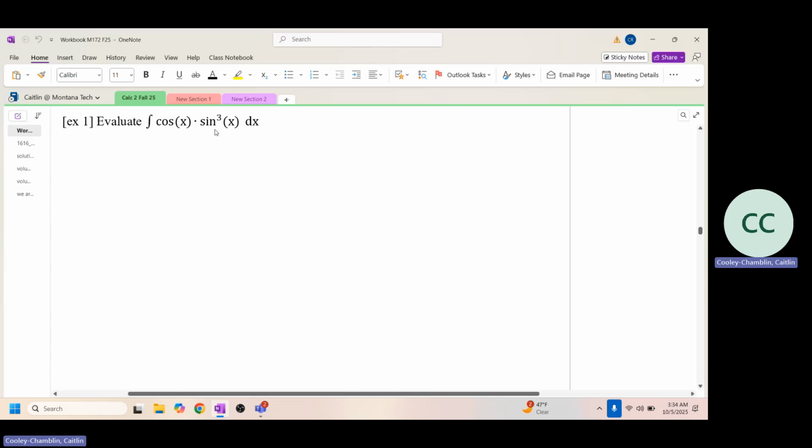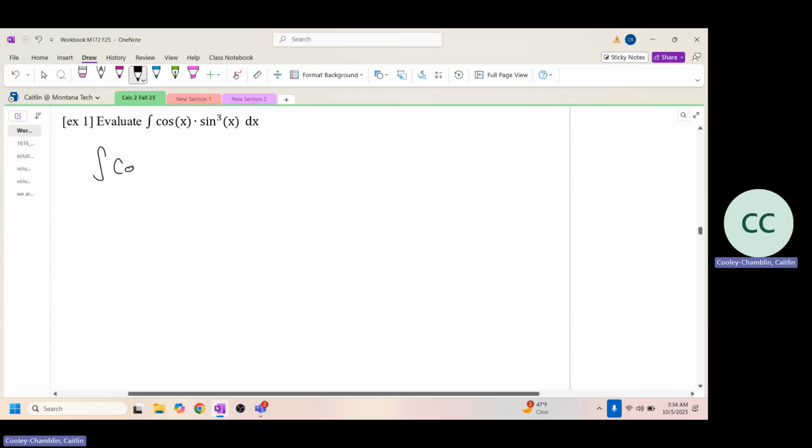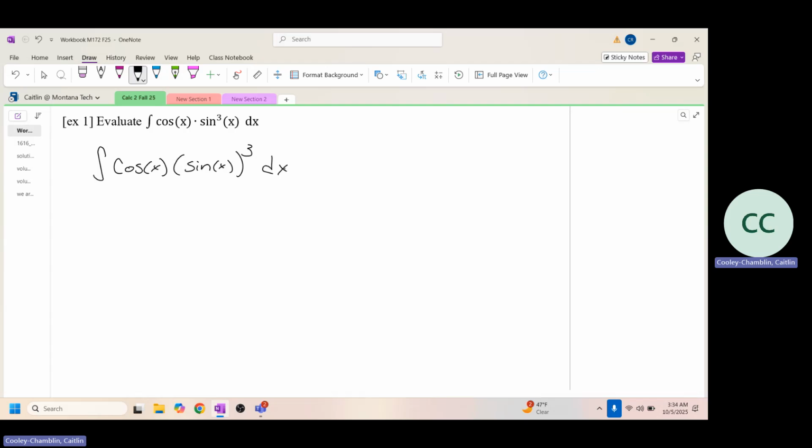There's really nothing that stands out to me, but if I rewrite this, we have the integral of cosine of x times sine of x cubed dx. So I have a function within a function, a composition, which screams u substitution. So that is what I'm going to try.